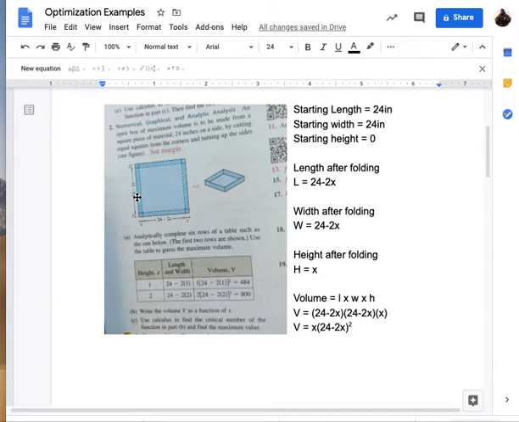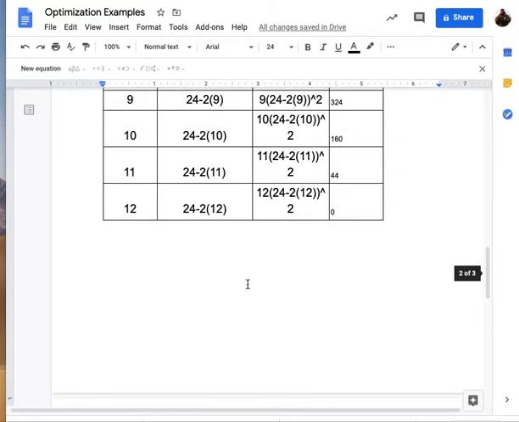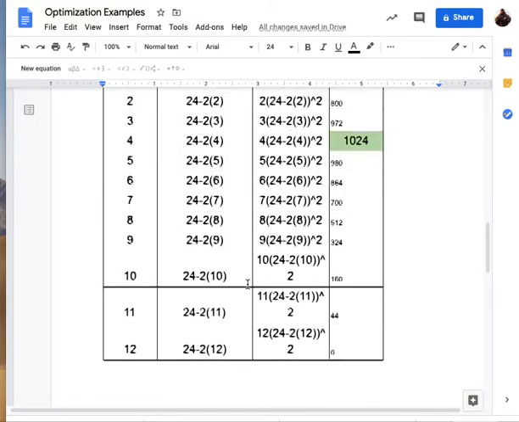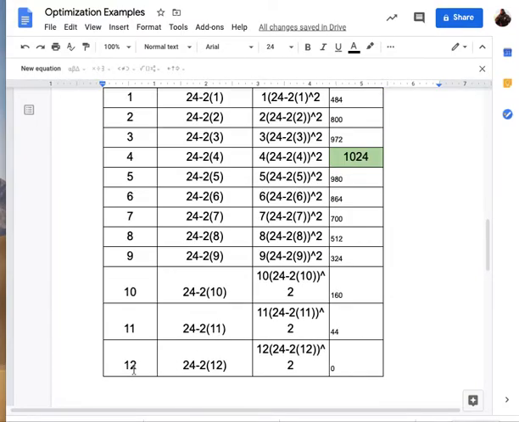Or if you think about it from a folding standpoint, if you take this piece of paper and you fold one side up 12 inches and the other side up 12 inches, all you've done is fold your paper in half. You no longer will have a box and you won't have a volume. So x equals 12 is not going to be a viable solution for us. In fact, if we look at my table here, you could see when I plugged in 12, I got a solution of 0.